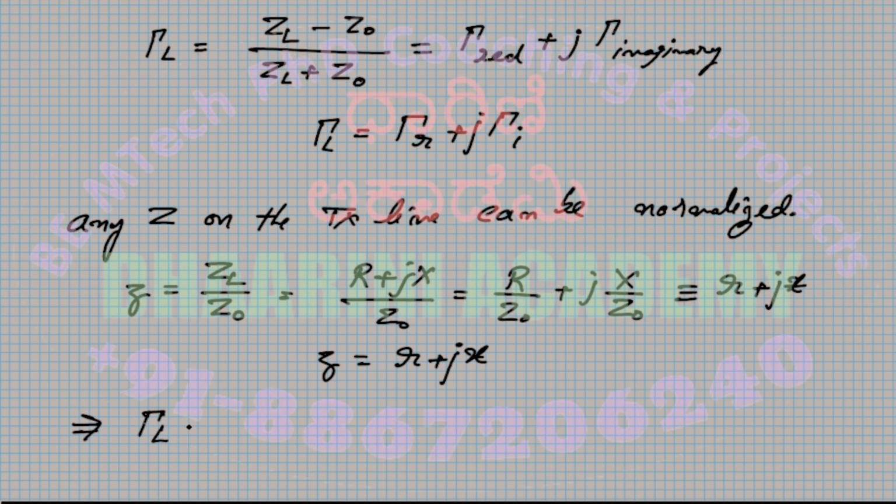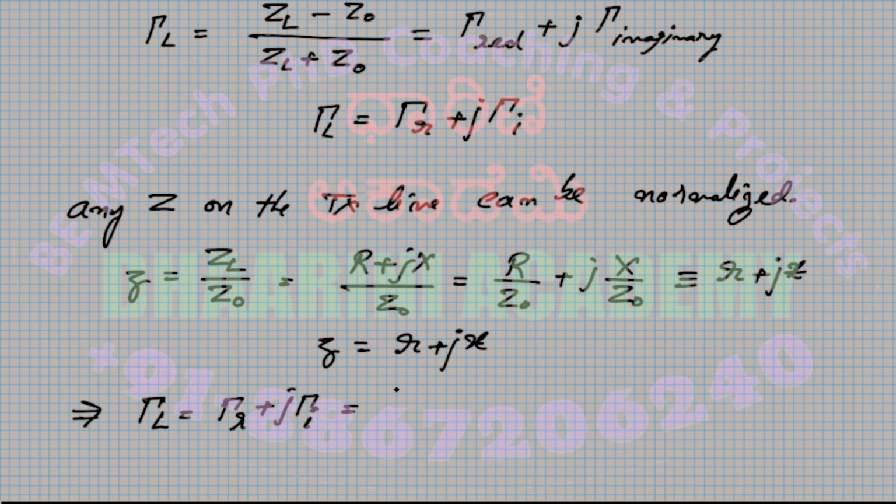The gamma L becomes equal to, as we have written, gamma real part plus j times the gamma imaginary part. Okay, so this is gamma I. Now let me write that. That is equal to, originally we had written ZL minus Z naught divided by ZL plus Z naught. Okay, but I am going to divide this by Z naught to normalize.